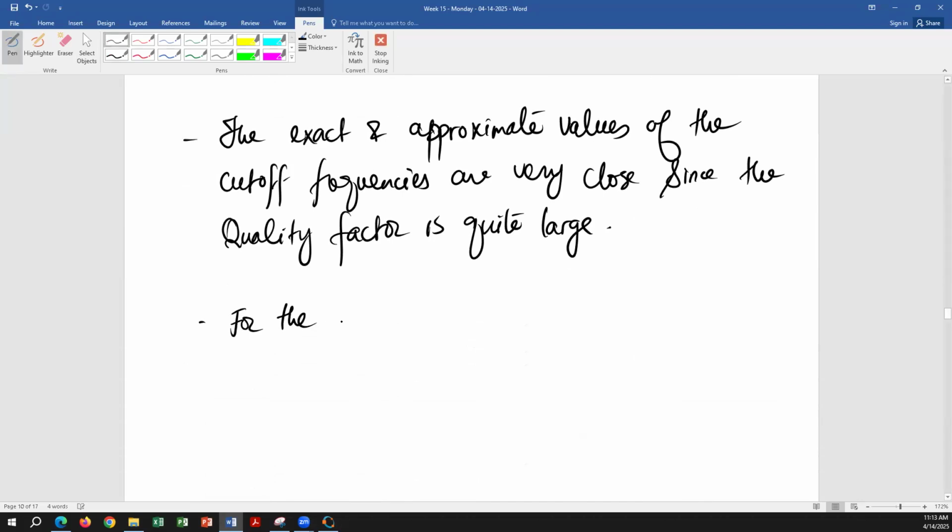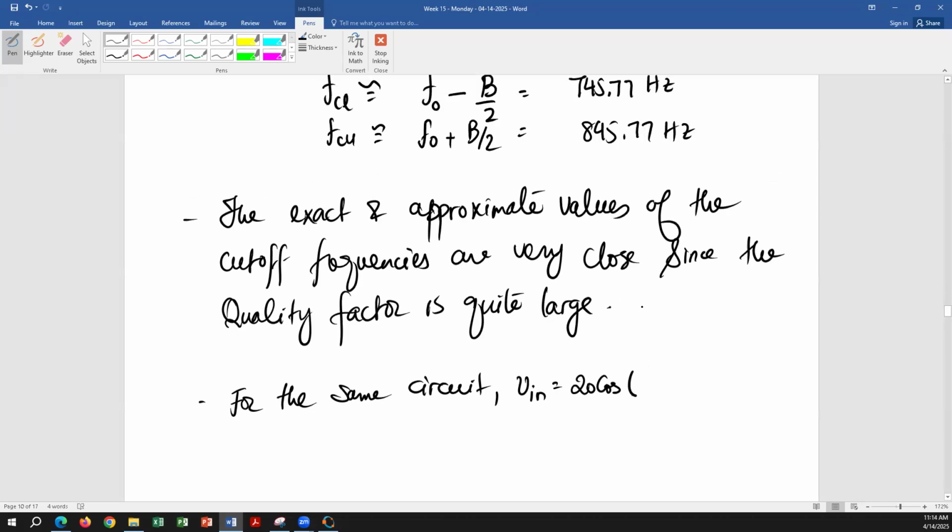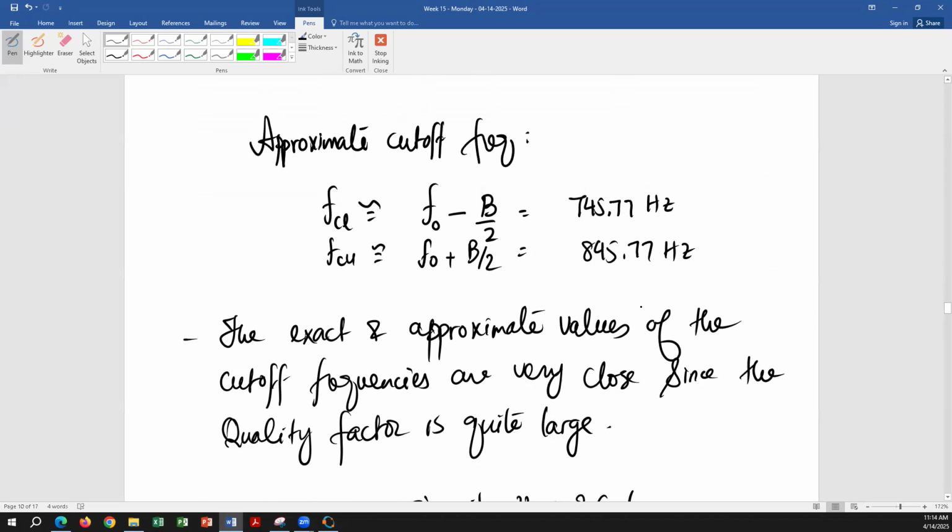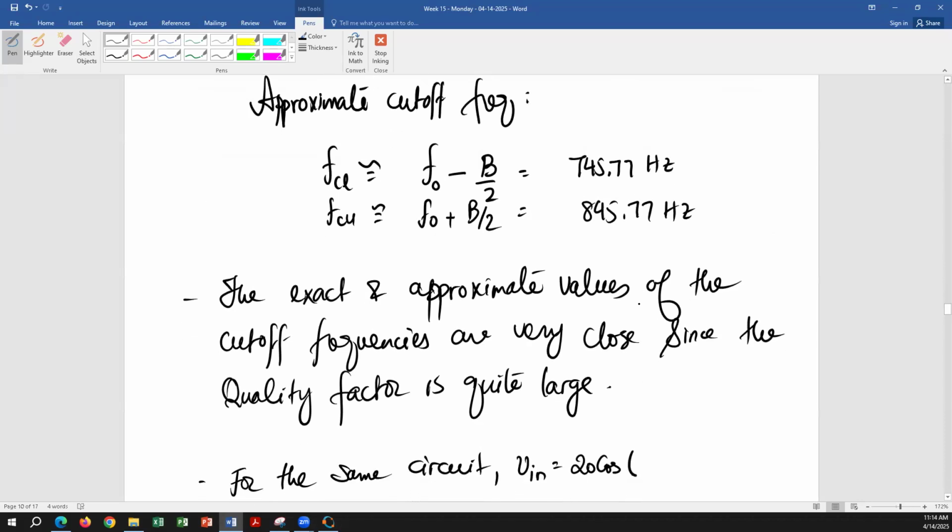For the same circuit, V in is 20 cosine of 1000 pi t.